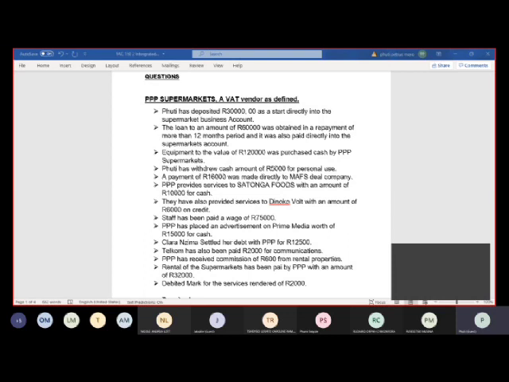Let me move on. Equipment to the value of 120,000 rand was purchased by cash by Triple P supermarkets. Accounts affected here? Equipment and bank. Which one is debit and which one is credit? Equipment will be debited, because we are getting more equipment, and our bank is decreasing because we're taking money from the bank to buy the equipment.